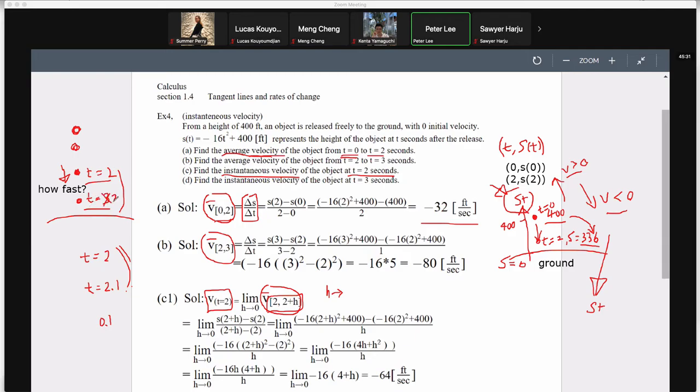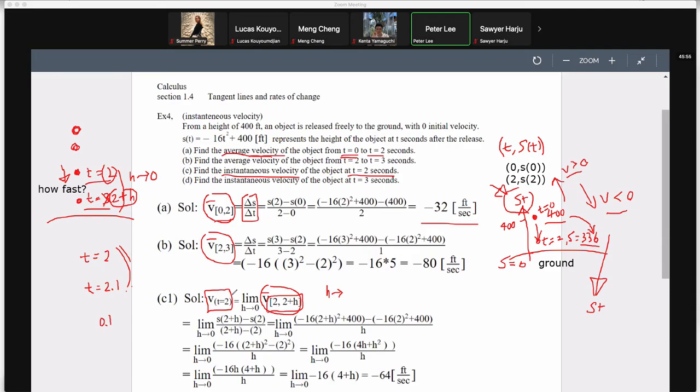We want 2 plus h, but even 2 plus h is not close enough. So in order for 2 plus h to get close to t equals 2, h must approach 0, so that the time gap will be almost 0.